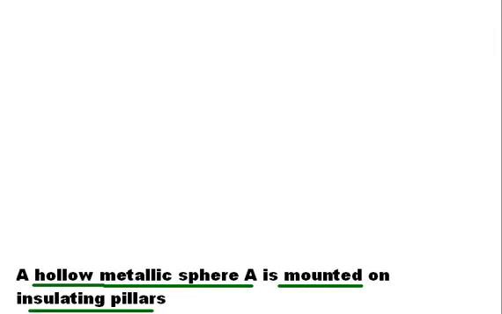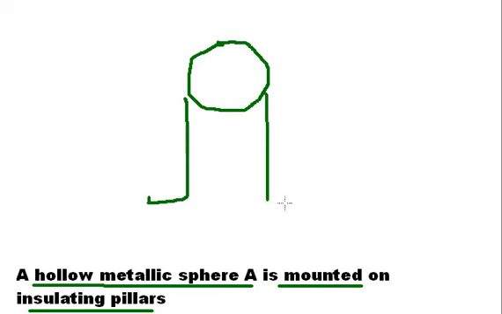If you want, I can give a little explanation about the diagram. You can very easily draw the diagram. We know there is a metallic sphere, mounted by the insulating pillar. There are two pulleys, one at the top and another at the bottom, connected by the belt.